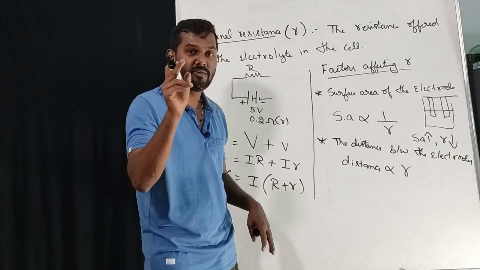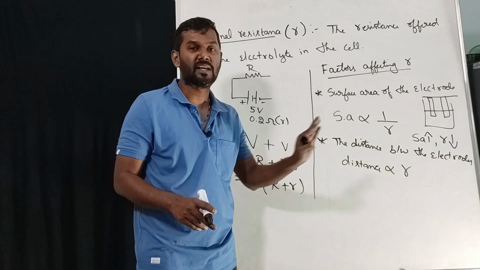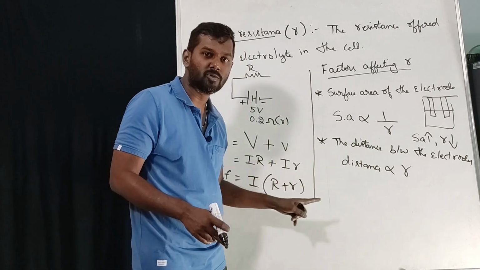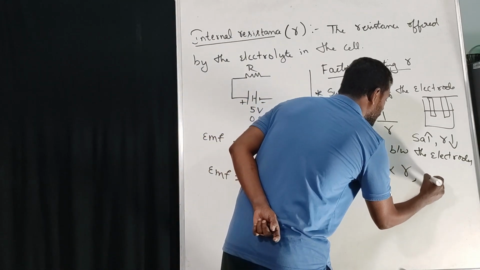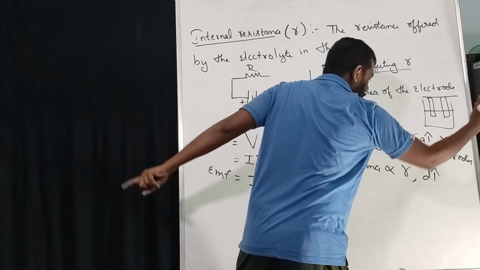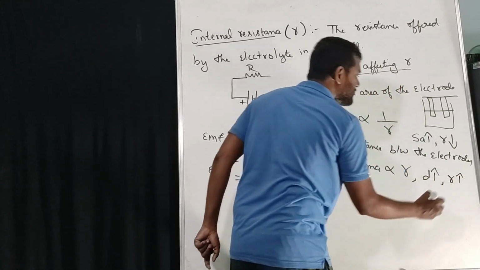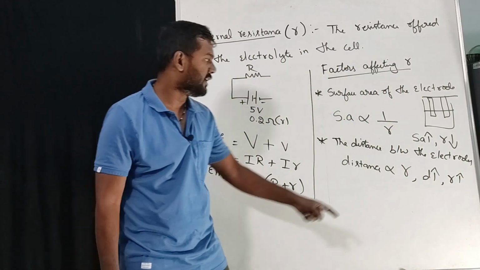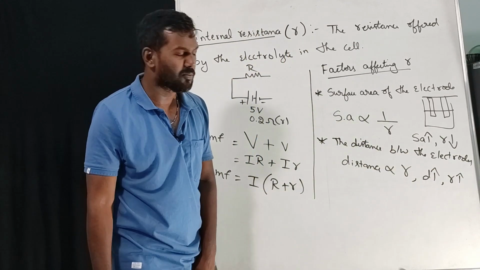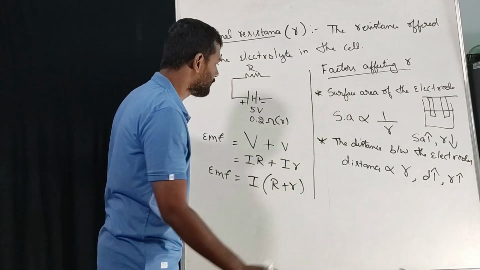They may ask you in a different way: what is the relation between the distance between the electrodes and the internal resistance? Then you have to write that these two are directly proportional. That means if the distance between the electrodes is more, or larger, the internal resistance will be greater. That's it. If the distance between the electrodes is more, then the internal resistance will also be more. So you can write this one or that one.